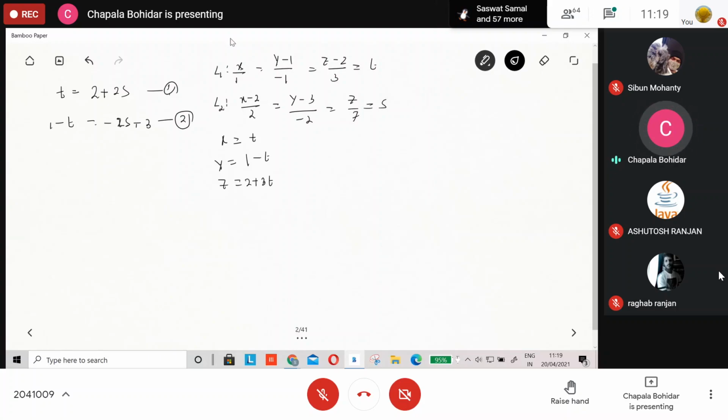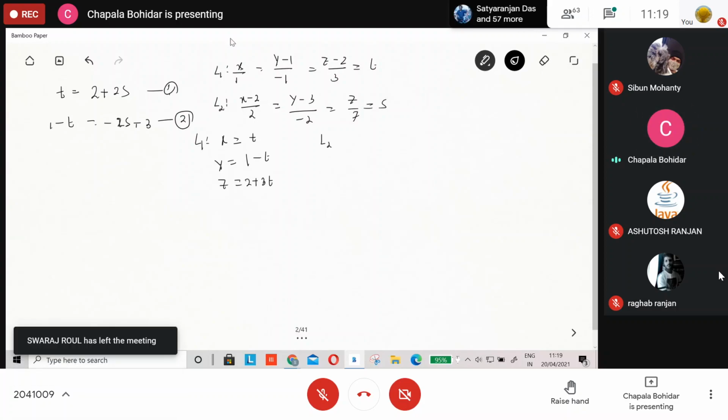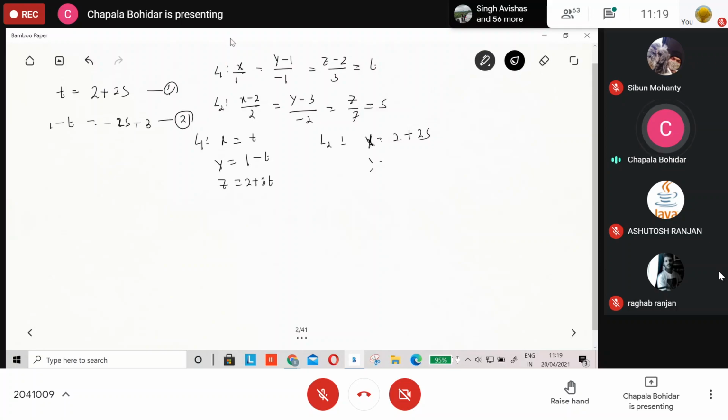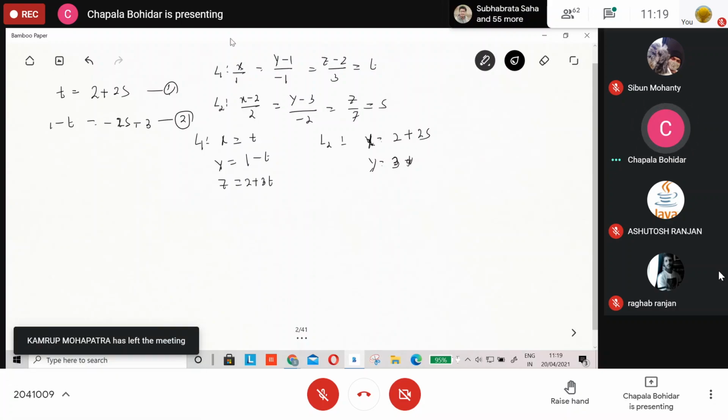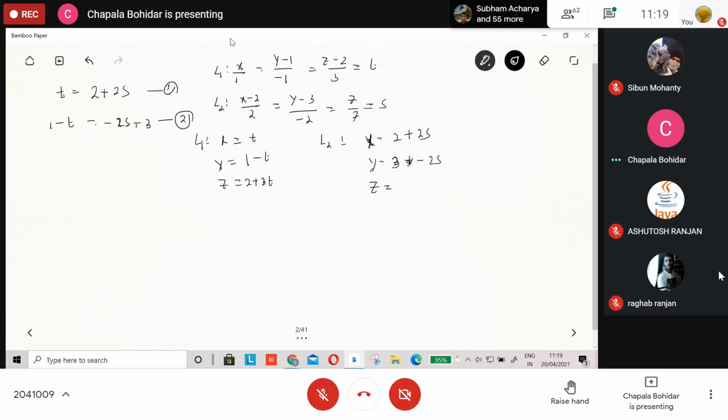Similarly, in L2, I'll get x is equal to 2 plus 2s, y is equal to 3 minus 2s, and z is equal to 7s.